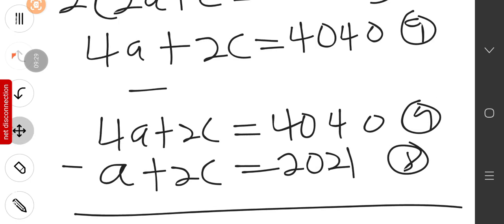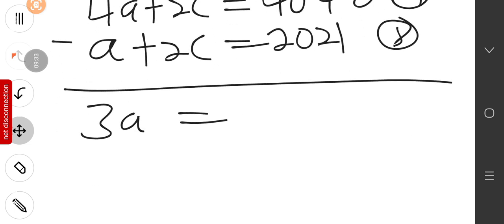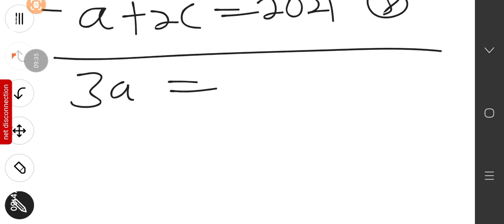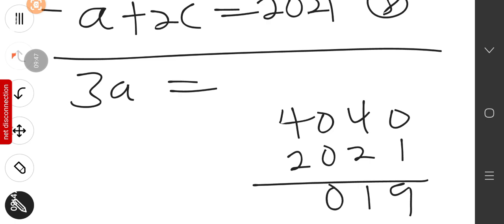Now let me check something here from equation 8. All right, so you're going to have 4040 minus 2021. So let's subtract. You have 4040 and 2021. So this gives us 9, this gives us 1, this gives us 0, this gives us 2.